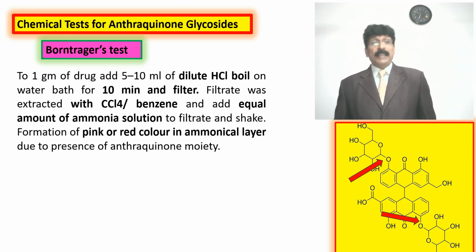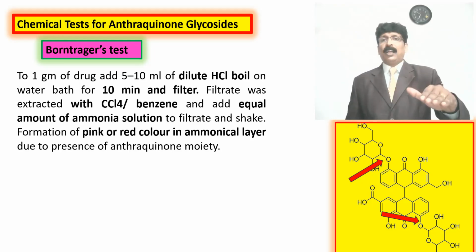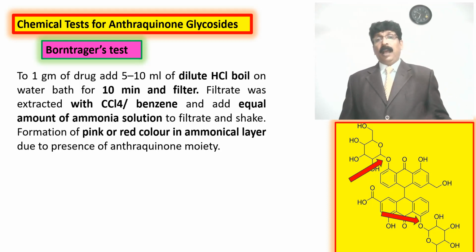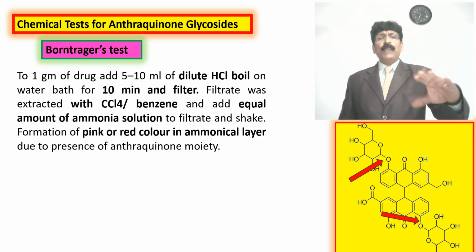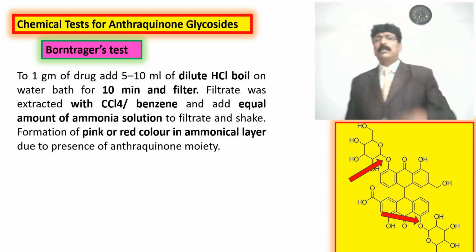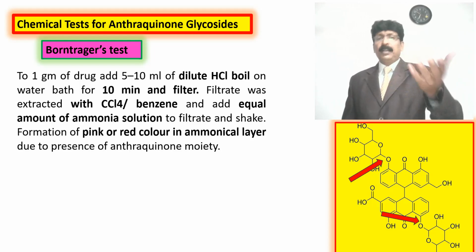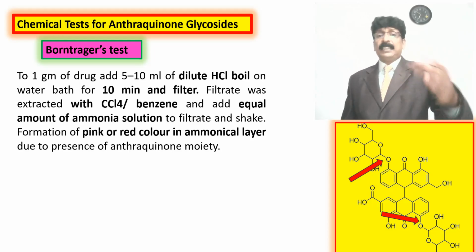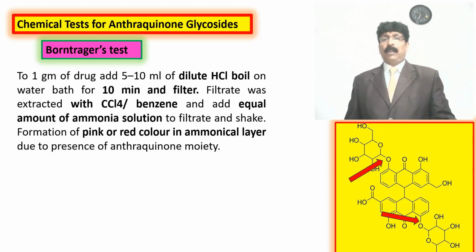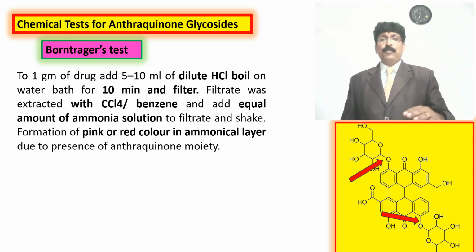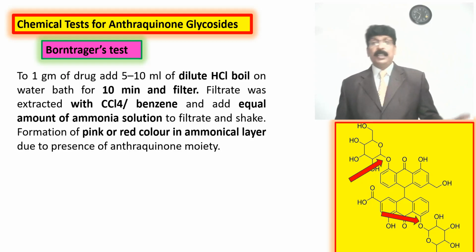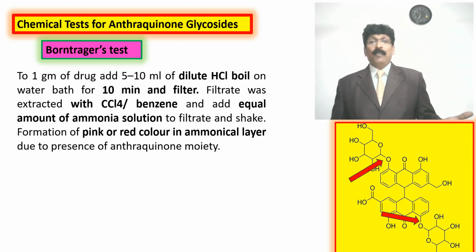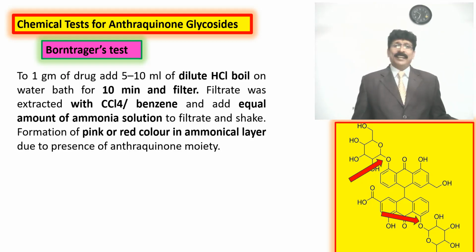The filtrate is extracted with a non-aqueous solvent like carbon tetrachloride or benzene. Since carbon tetrachloride is not miscible with the aqueous dilute hydrochloric acid layer, you can separate it into another test tube, add an equal amount of ammonia solution and shake well. Formation of pink or red color in the ammoniacal layer.